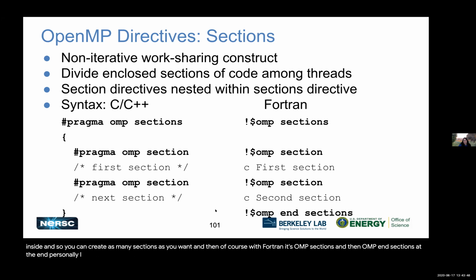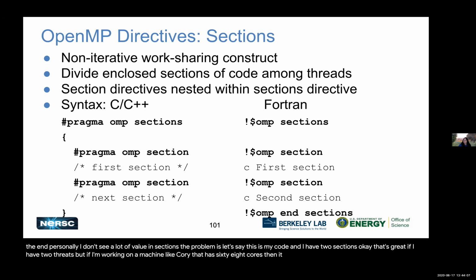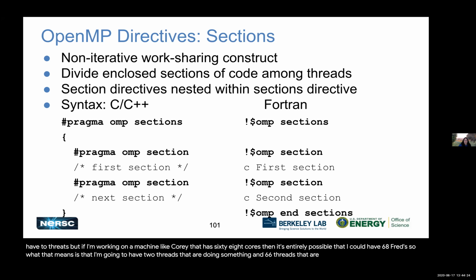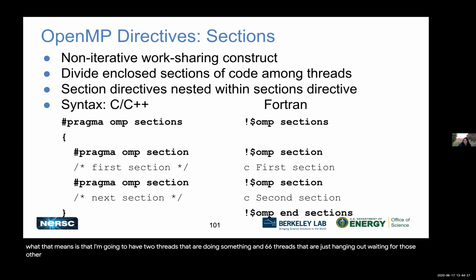Personally, I don't see a lot of value in sections. The problem is, let's say this is my code and I have 2 sections. Okay, that's great if I have 2 threads. But if I'm working on a machine like Cori that has 68 cores, then it's entirely possible that I could have 68 threads. So what that means is that I'm going to have 2 threads that are doing something and 66 threads that are just hanging out waiting for those other threads to do their thing.